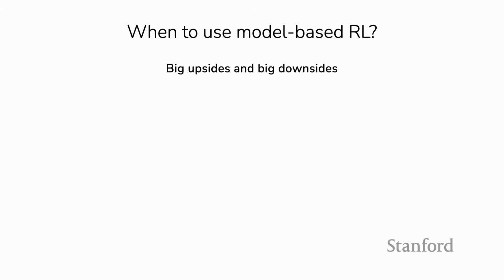So let's talk a little bit about when to use this sort of synthetic data and when to use model-based reinforcement learning. Generally, the way to think about it is that there are potentially really big upsides with model-based reinforcement learning and also potentially big downsides.